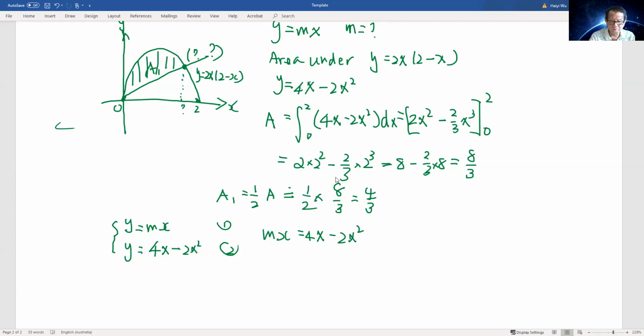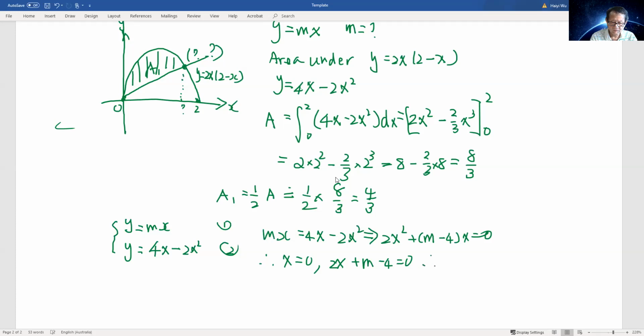So we move our terms around. It becomes 2x squared plus (m minus 4)x equals 0. So x1 is 0, we know that. The second one is 2x plus m minus 4 equals 0.